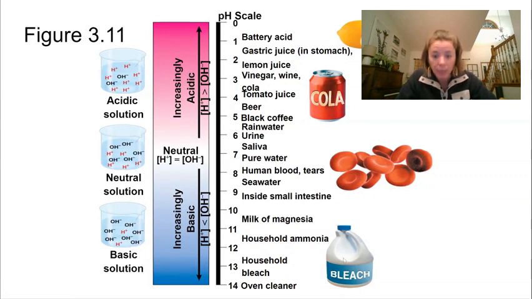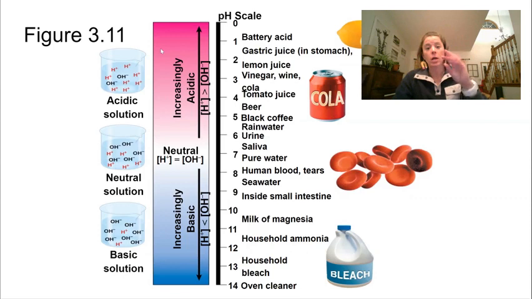The reason that bleach feels soapy, if you've ever gotten it on your hands, is because bleach has very few H plus ions in there. Distilled water is going to be a perfect balance of H pluses and the other component in there.